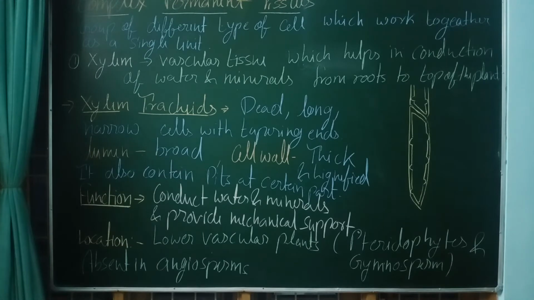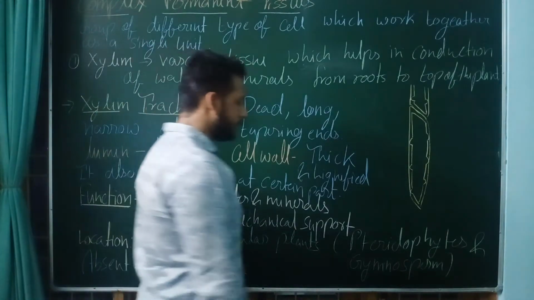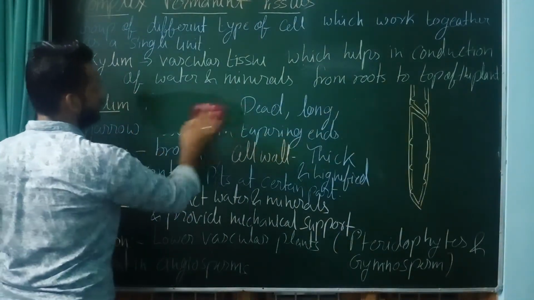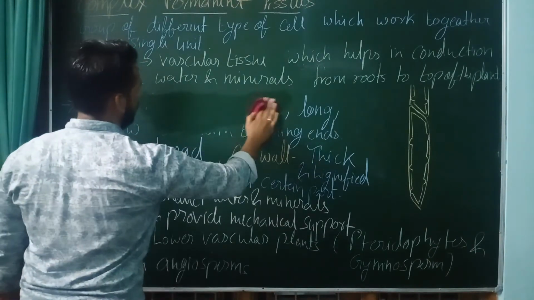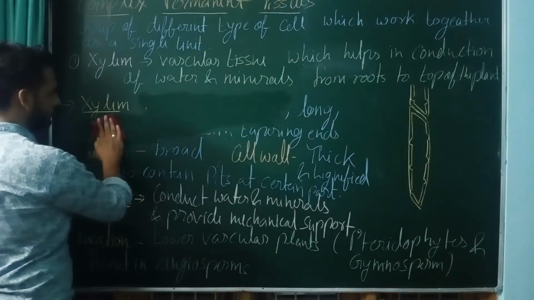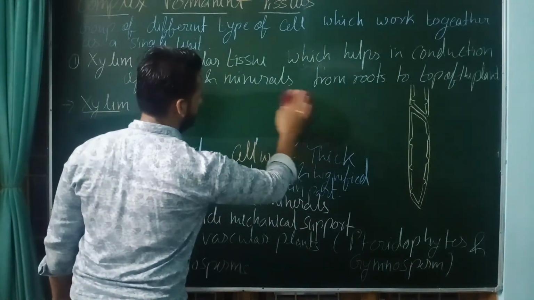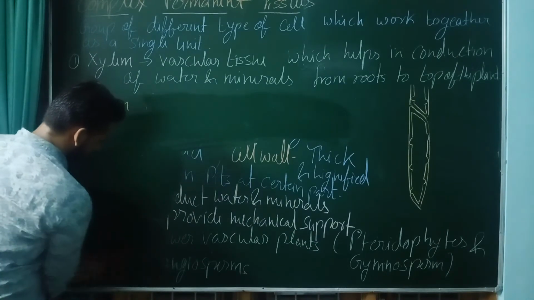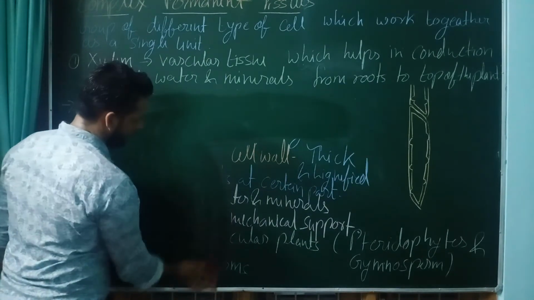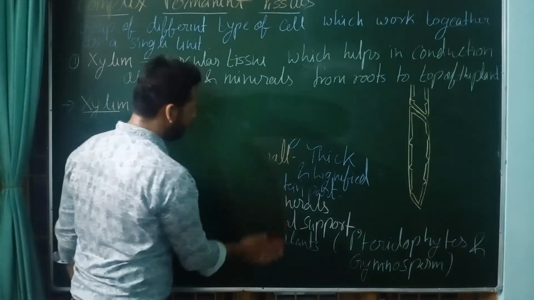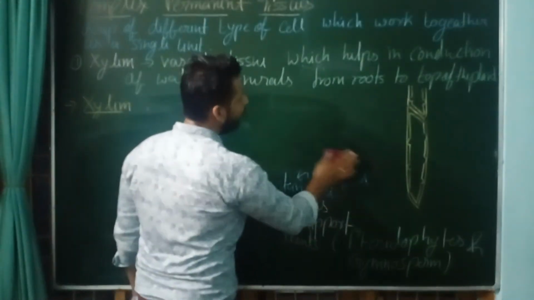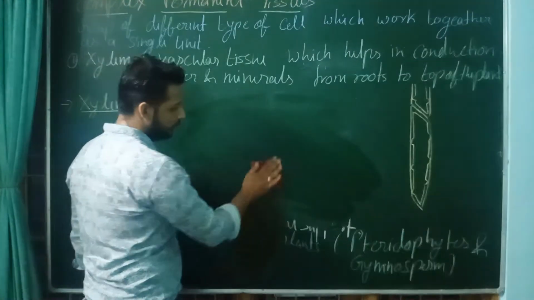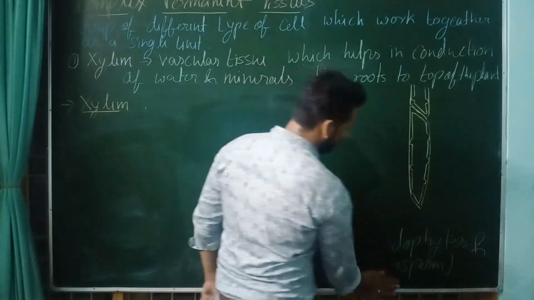I hope it is clear to you all, right? Now we will be studying the xylem vessels. So here I am erasing some part only. Xylem vessels are found in angiosperms and they are absent in lower vascular plants.